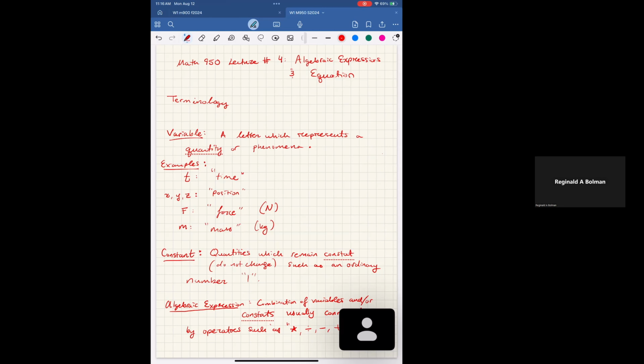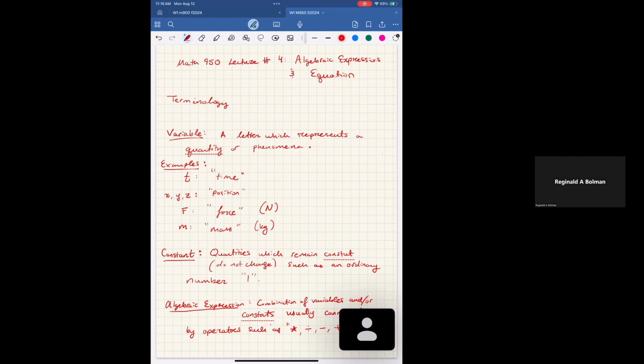A variable, simply put, is just a letter that we write down on paper that represents a quantity or phenomena. So often in physics, in math, in chemistry, we're going to be analyzing actual physical systems in the world around ourselves, whether this be the data collected from a pharmaceutical company to determine whether or not a particular drug is effective or ineffective, or the chemical reaction taking place in a chemistry class, or say the orbit of the moon around the Earth.